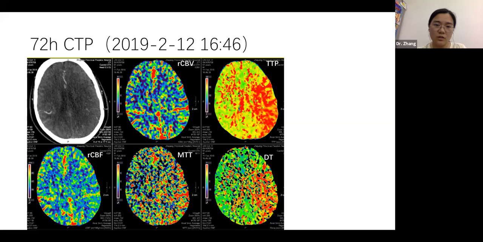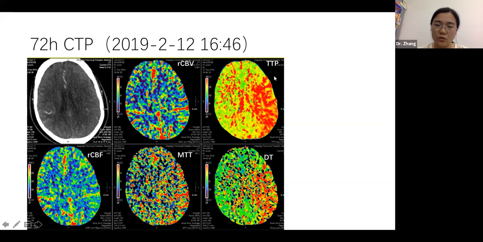But for this patient, he had a change of symptoms, so maybe we provide more CT perfusion tests for this patient. And this is his third time CT perfusion.